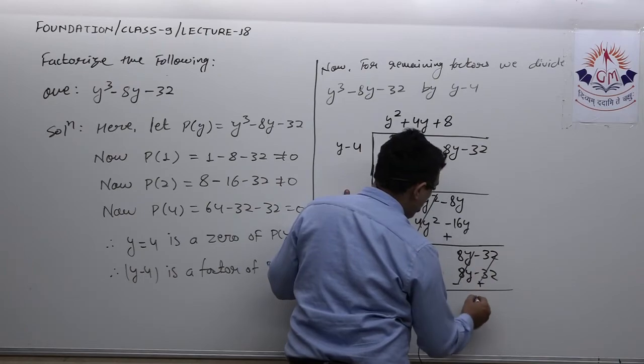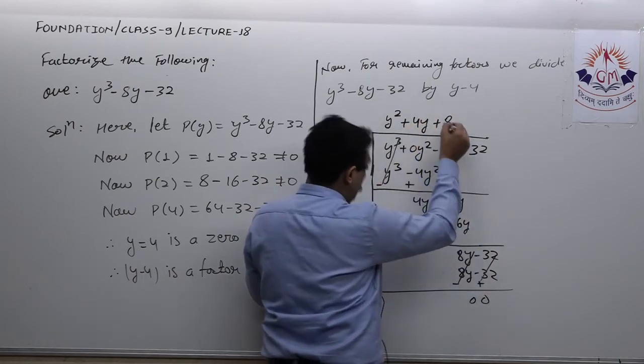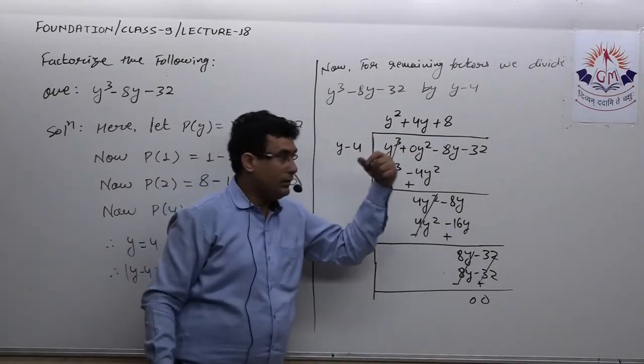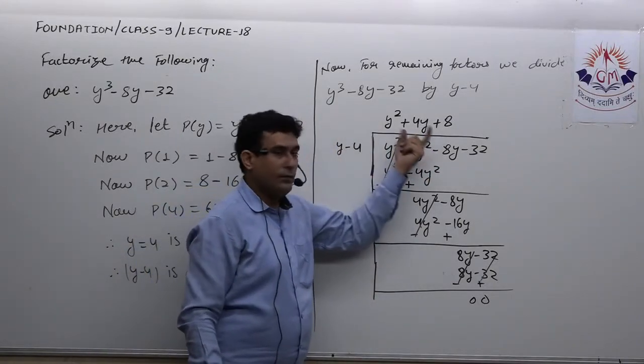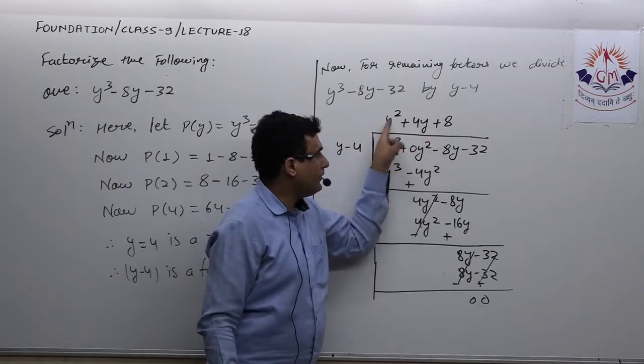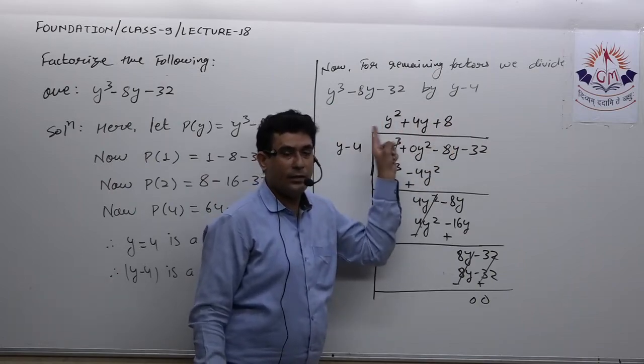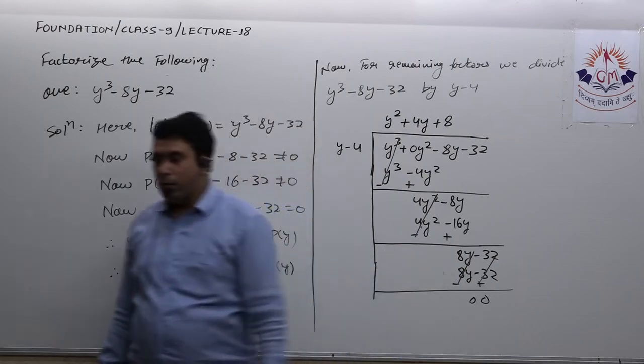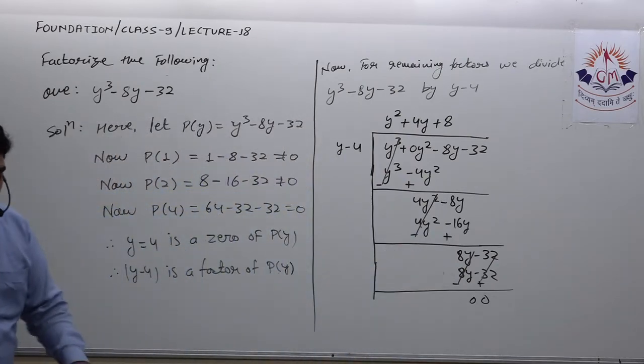Okay, so here I can say this is the quotient, or in other words, this is one more factor of the given expression. Now we have to check whether it is possible to factorize this further or not by splitting the middle term, but before that, note it down up to this point.